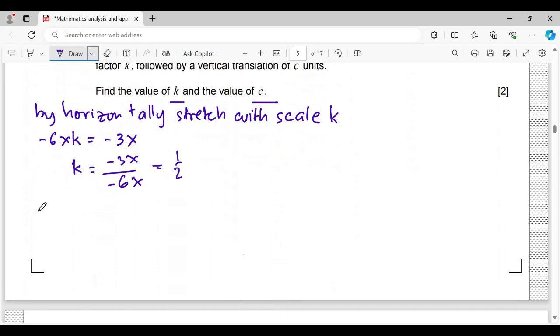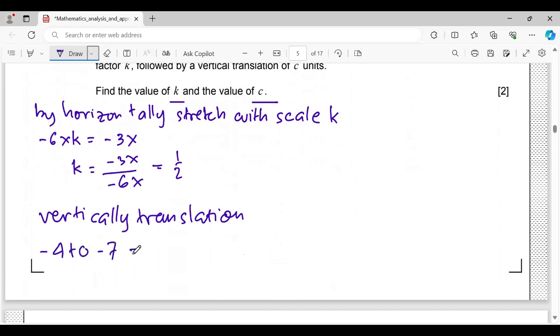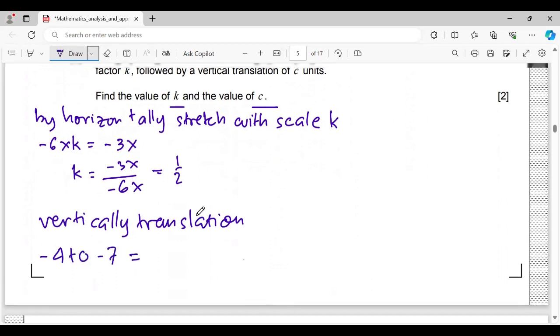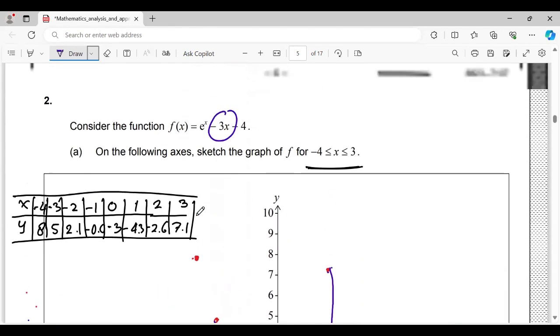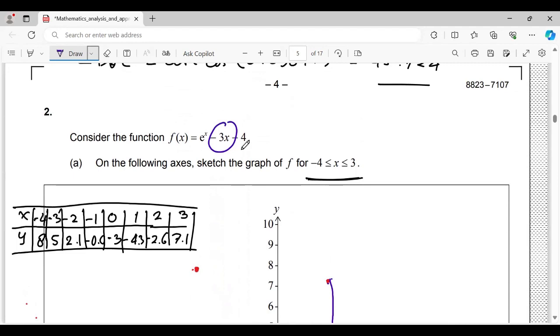Now, vertical translation. That is minus 4 plus 0 minus 7. Vertical translation, minus 4.